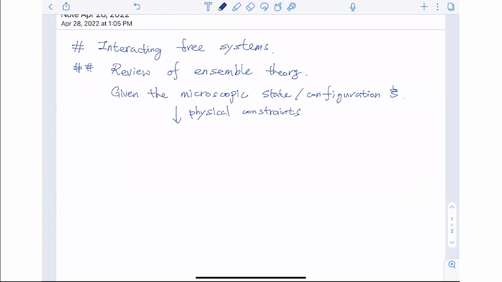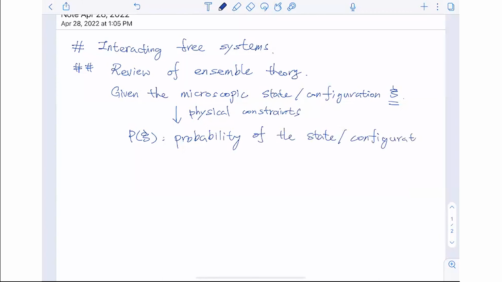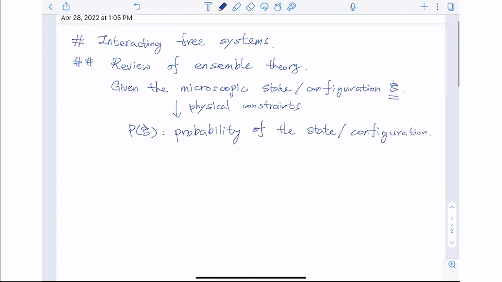And the ensemble theory basically gives us a framework to construct the corresponding probability for that microscopic configuration C. It's basically denoted as P(C).